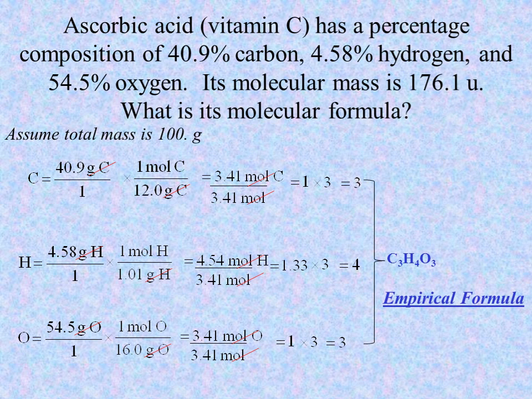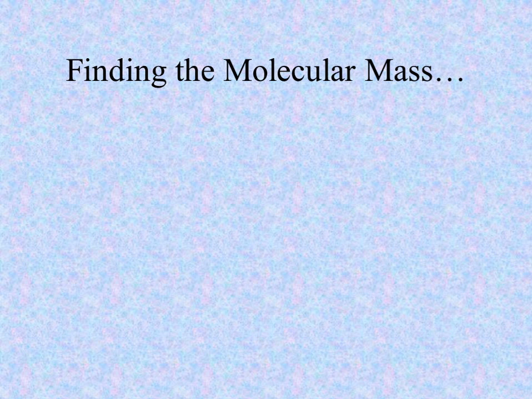We need to go back and use that additional piece of information that was provided, the molecular mass of 176.1 atomic mass units, to determine, is this truly also the molecular formula, or do we need to find the multiplier? So we still have one more step to go.